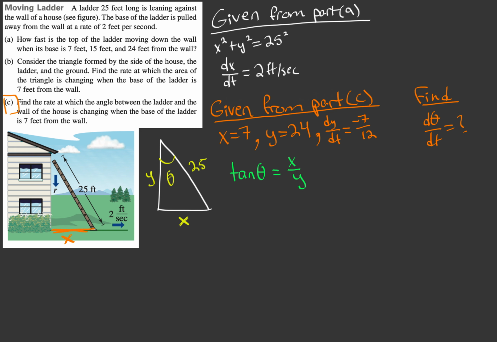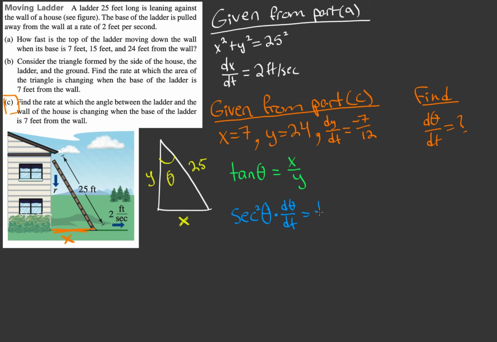So now we have an equation, and now we can take implicit differentiation. We can differentiate both sides and find d theta dt. The derivative of tangent theta is secant squared theta, times the inside of secant squared theta for the chain rule, which is d theta dt, and that equals the derivative of the first times the second.